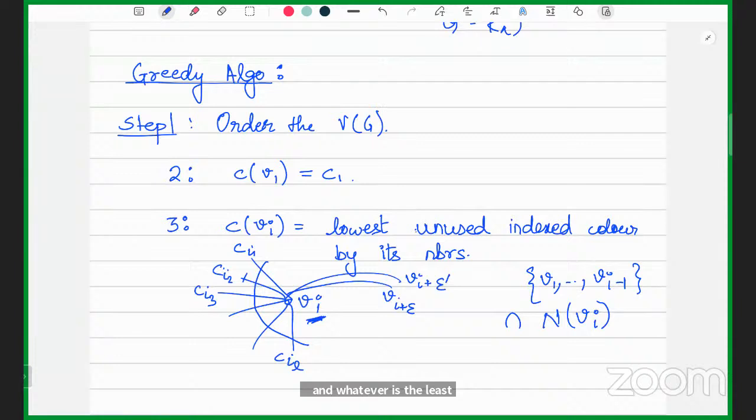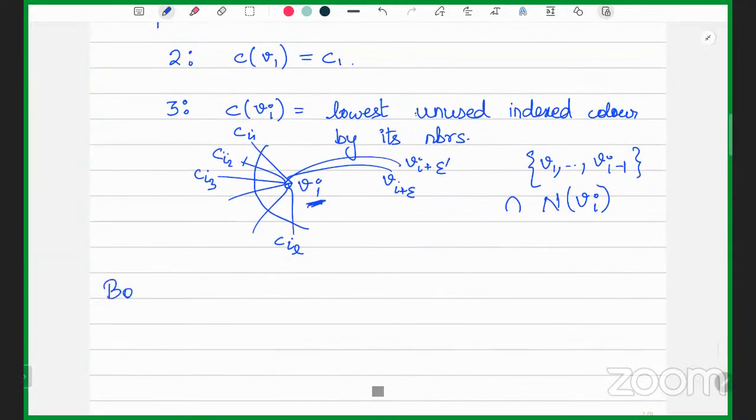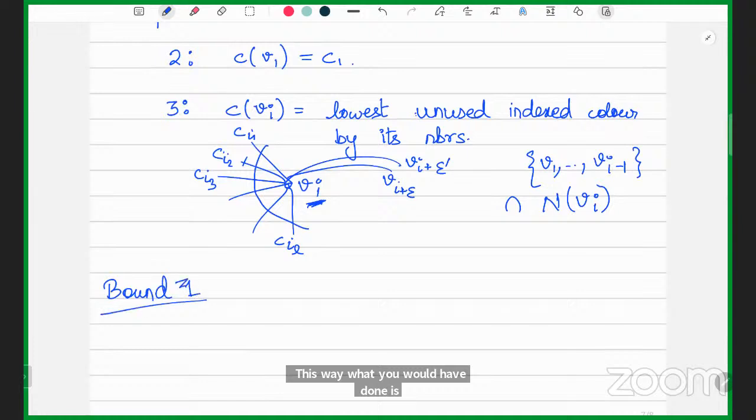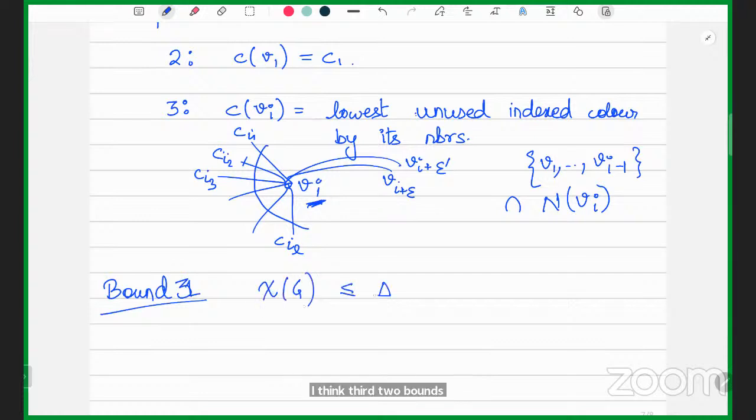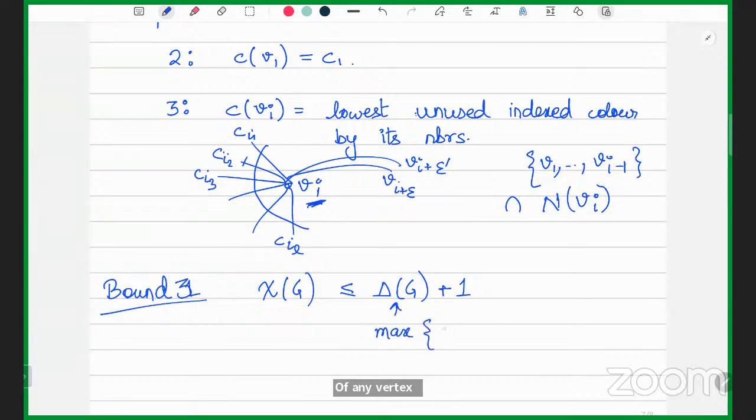This way, what you would have done is, I think, third, the 2 bounds we have seen already: the chromatic number of G is less than or equal to the maximum degree of any vertex plus 1. This delta G means the maximum of degree of V in the vertex set.